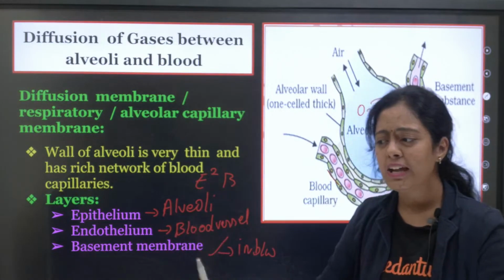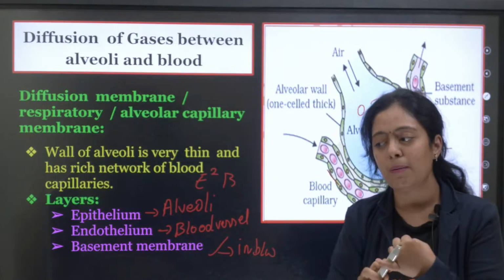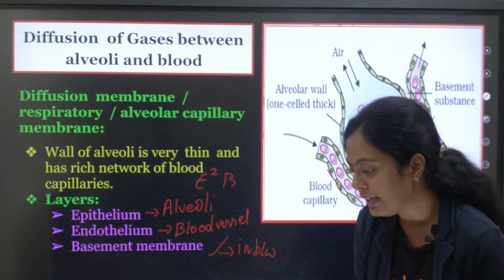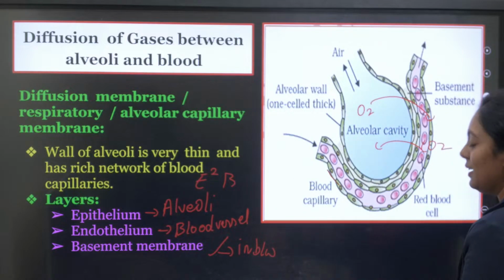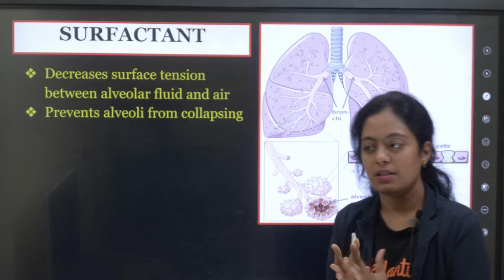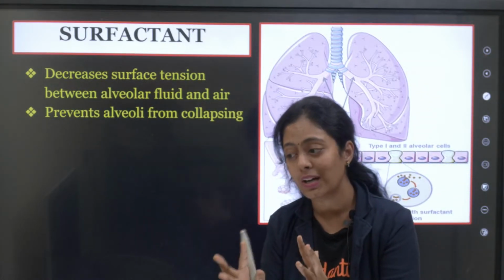Okay, shall we continue now? Did you understand the diffusion membrane, respiratory membrane or alveolar capillary membrane? It is the exchange of gases between alveoli and blood. Yes, surfactant decreases the surface tension between the alveolar fluid and air.